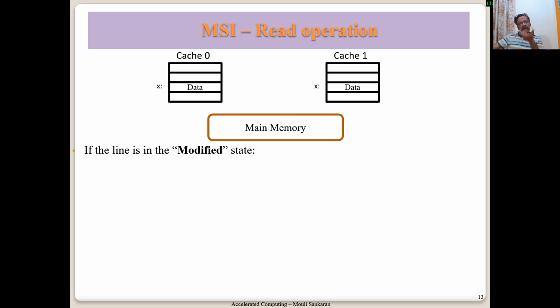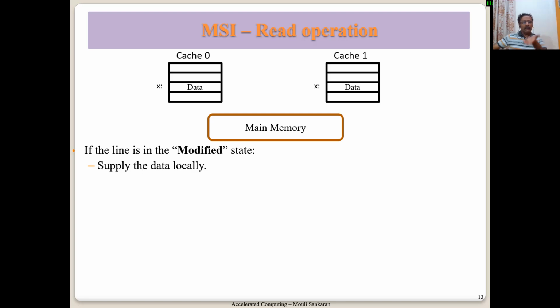That means the block is owned by this core. Maybe previously it modified it, and it is the only copy, in the modified state in this core, with no other copy on other cores, and the main memory may be out of sync because of the write-back policy, but now it is asking for a read operation.